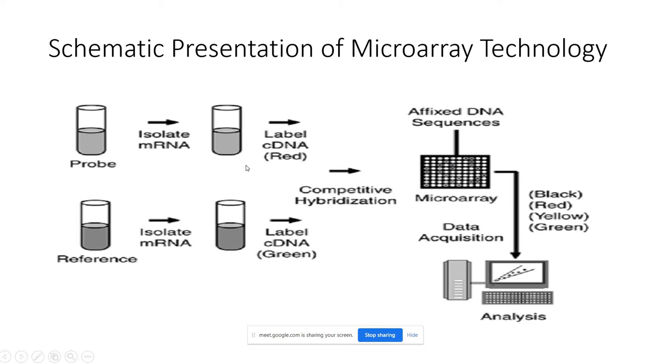So these are two samples: this is the reference cDNA, and the upper one is the test DNA that we are going to test. Both cDNAs are colored with different fluorescent dyes, red and green. Then these two solutions are mixed with each other. This mixture is then poured on the microarray slide.